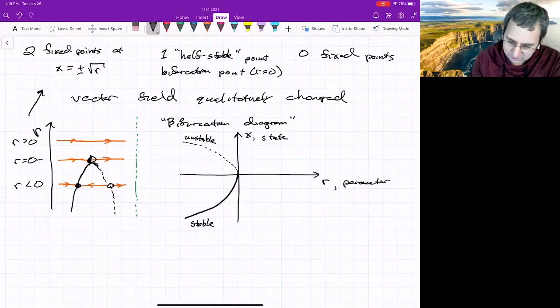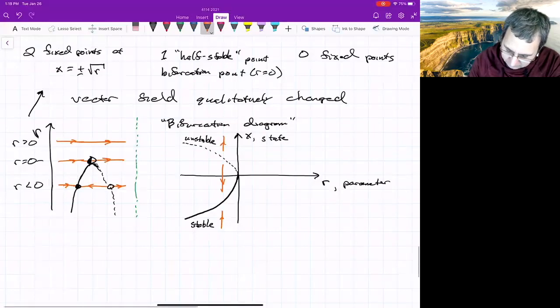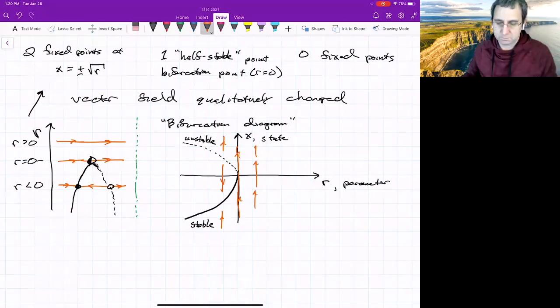And then over here, you could also think of just drawing, kind of schematically drawing what the vector field is doing. And here the vector field just kind of keeps on going. Here the vector field just keeps on going. Okay. So this is called a bifurcation diagram.